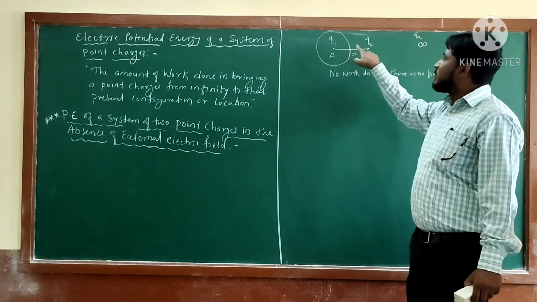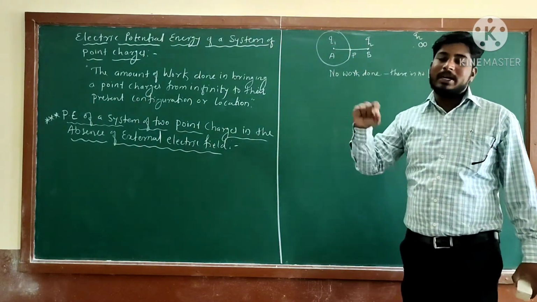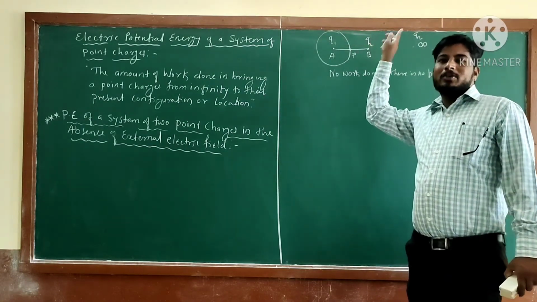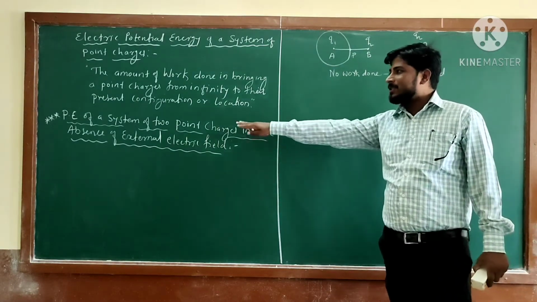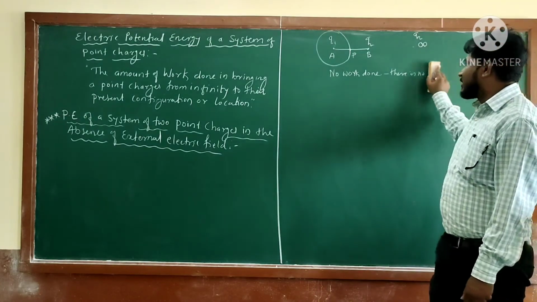So work must be done to bring the charge Q2 from infinity to this point. Using this concept, we will derive the expression for the potential energy of a system of two point charges.